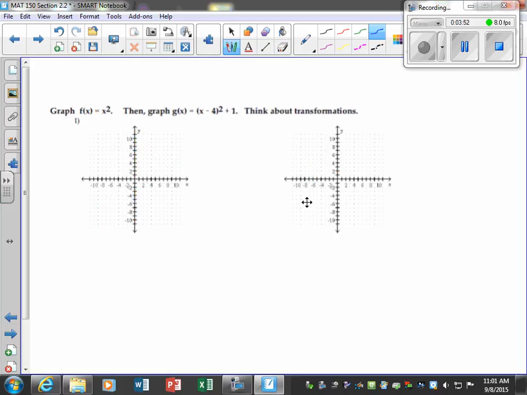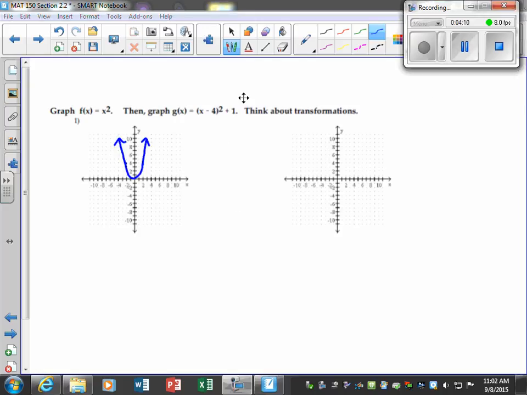Alright, the next thing we're going to do is graph our parent graph right here, the function f of x equals x squared, and then we want to do g of x on this one. So I'm going to pause it for a second and let you remember your transformations to see if you could give me a sketch of this thing.